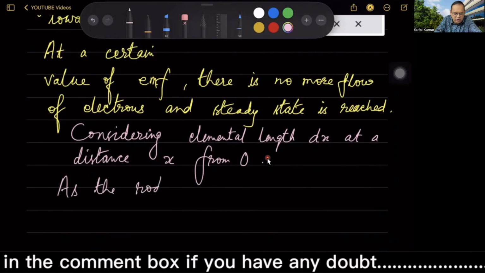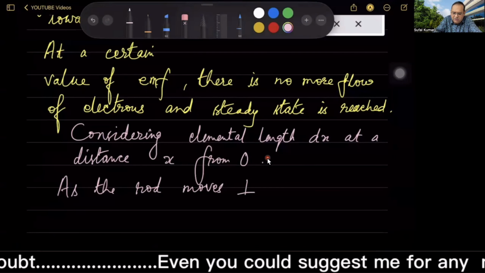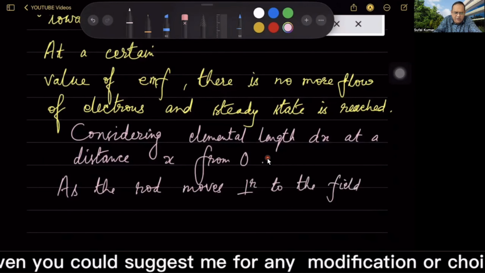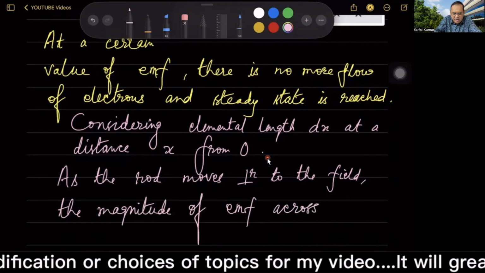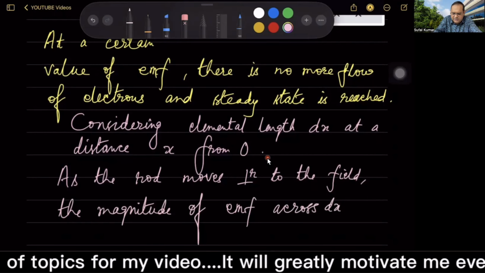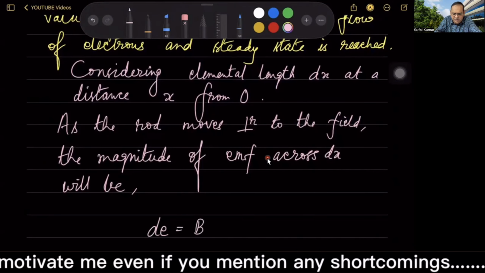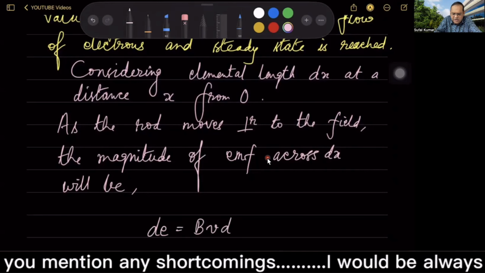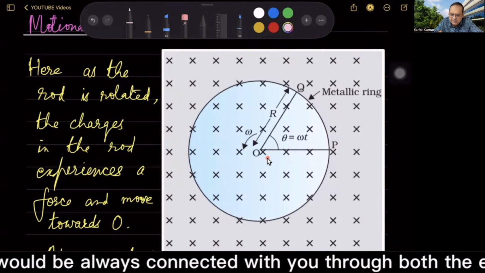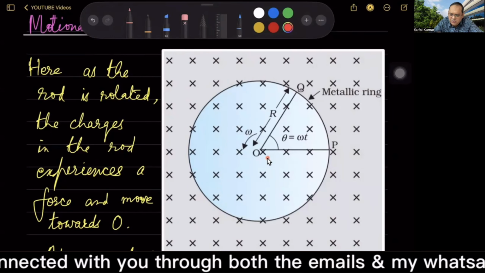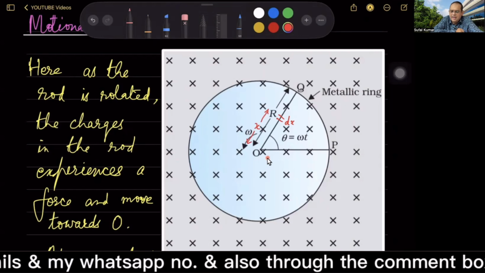As the rod moves perpendicular to the field, the magnitude of EMF across dx will be dE is equal to B V dx. Now I am to consider, in the same diagram, dx at a distance x.